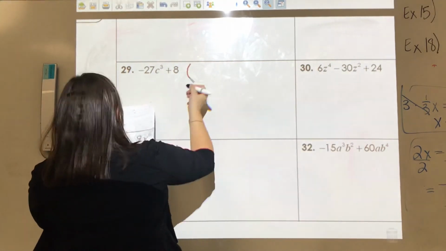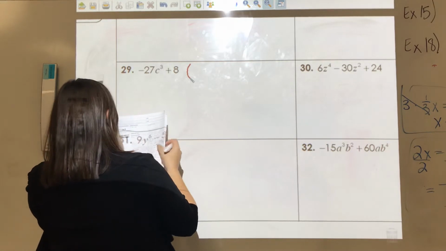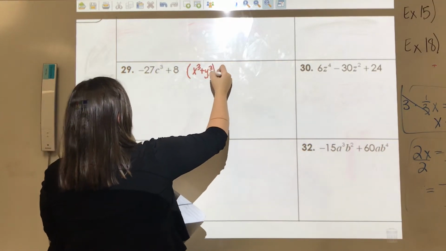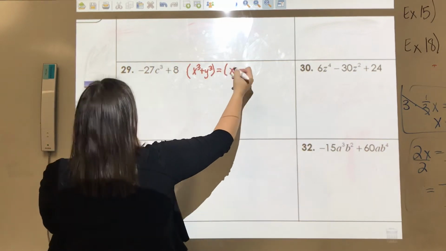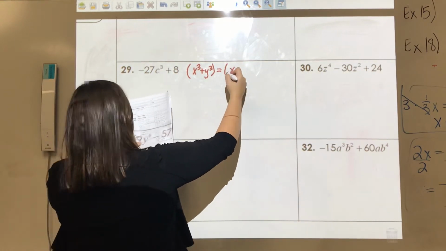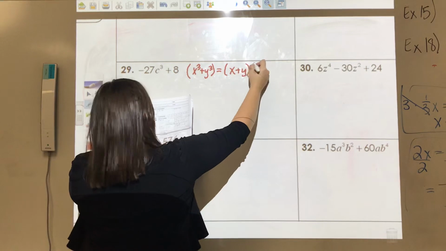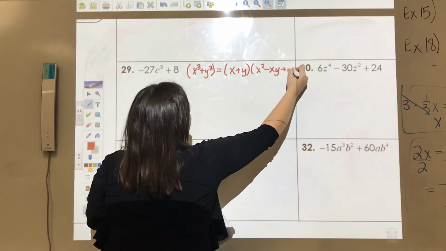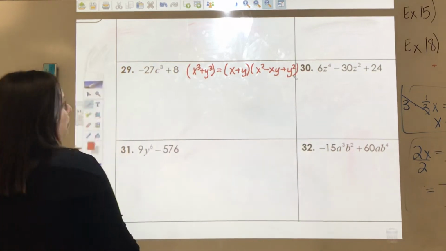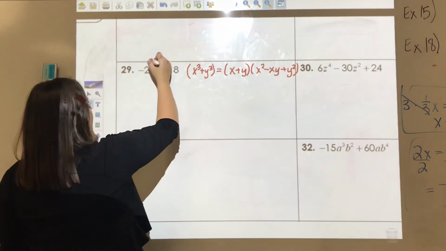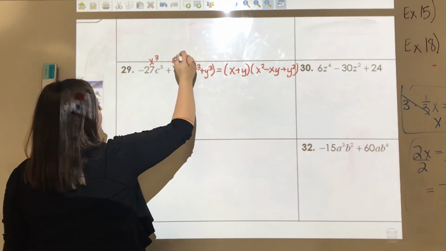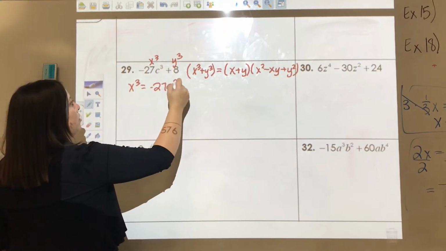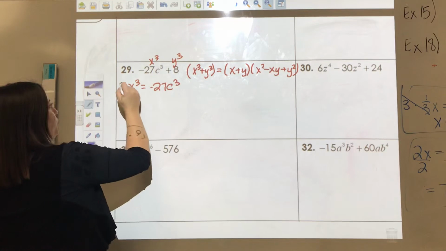So we're going to use the equation x cubed plus y cubed is equal to x plus y times x squared minus xy plus y squared. So what we need to do is figure out what is x and what is y. Well, x cubed is equal to negative 27c cubed. So we need to cube root both of them.